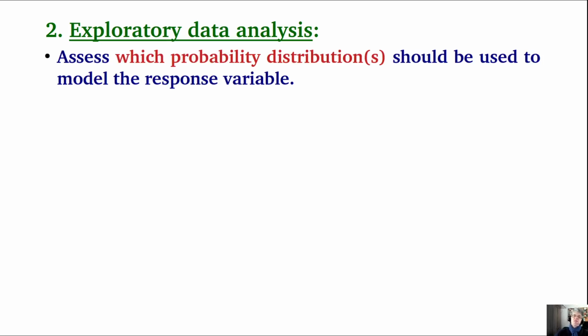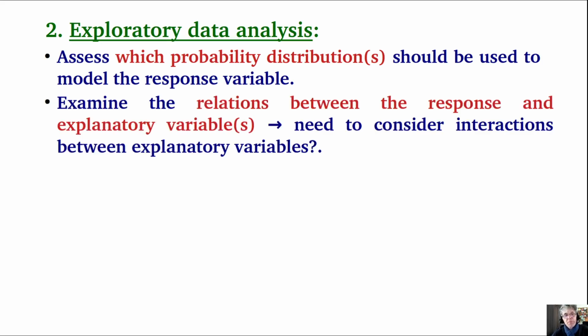Then the exploratory data analysis has several independent goals. First is assess which probability distribution or distributions, should there be two, should be used to model the response variable. This is essential to write the likelihood part of the model. Second is to examine the relationship between the response and the explanatory variables. And this will allow us to assess whether we need to consider interactions between explanatory variables.